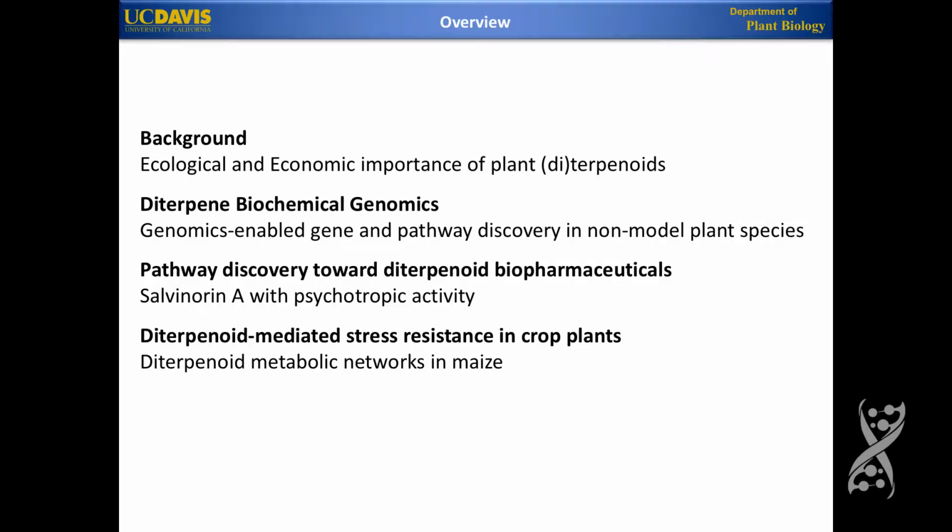I will speak a little bit about some of these tools that we are applying to investigate terpene metabolism in both non-model and model species, and then just give you 2 little vignettes on applications that we have now found where we could use these tools, both for the discovery of new diterpene pathways for diterpenes as potential drug lead compounds, as well as diterpenes that are involved in particularly pathogen resistance in bioenergy and food crops.